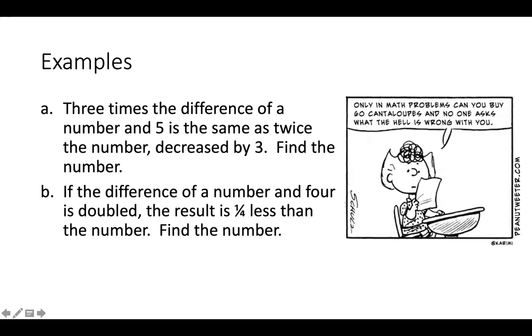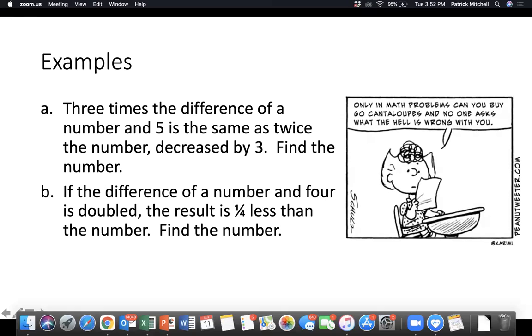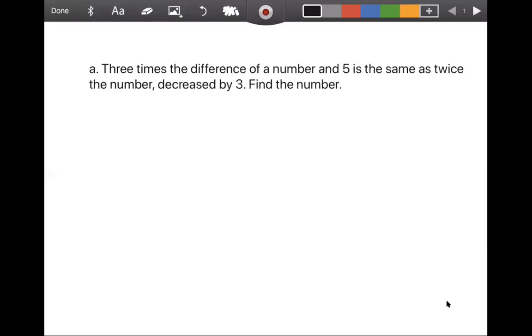So I'm going to go ahead and share my screen. And we will start with this problem here. So it says 3 times the difference of a number and 5 is the same as twice the number decreased by 3.